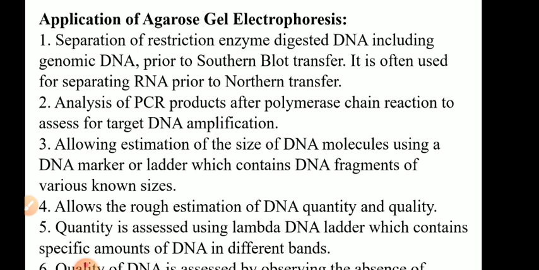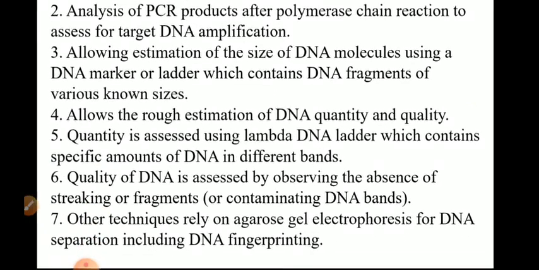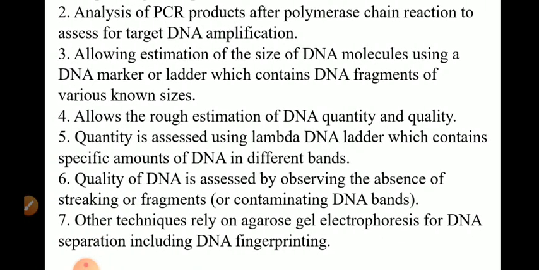DNA fragments separated using a DNA marker or a ladder, which contains DNA fragments of known size, allow the rough estimation of DNA quality and quantity also. Quantity is assessed using lambda DNA ladder, which contains a specific amount of DNA in different bands. We know the size of the bands also. Quality of DNA is assessed by observing the absence of streaking or fragments contaminating bands.